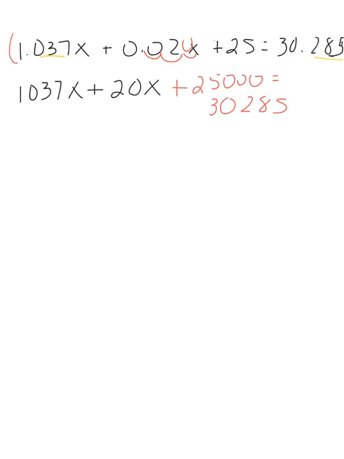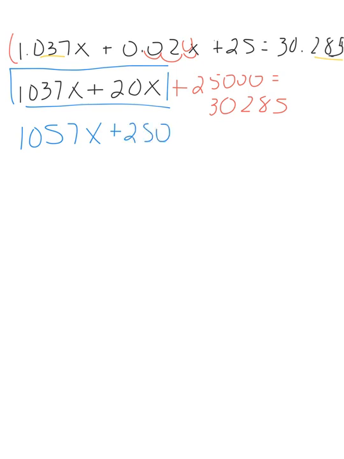So now I'm going to combine these, and I get 1057x plus 25,000 equals 30,285.